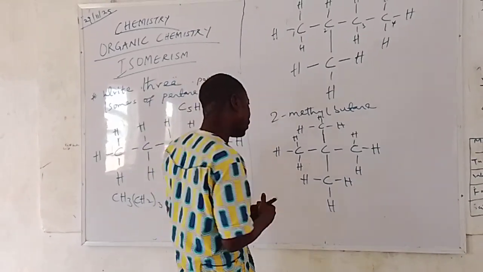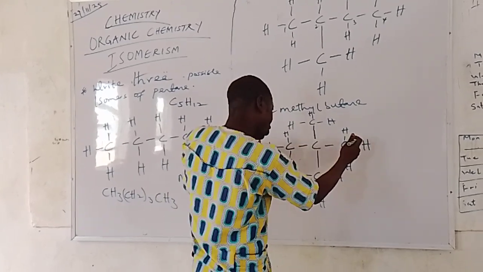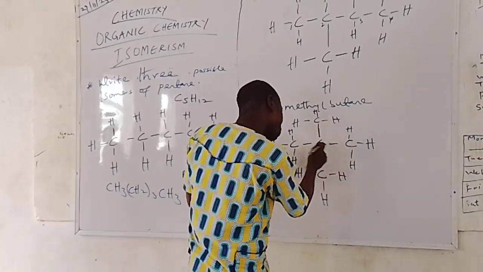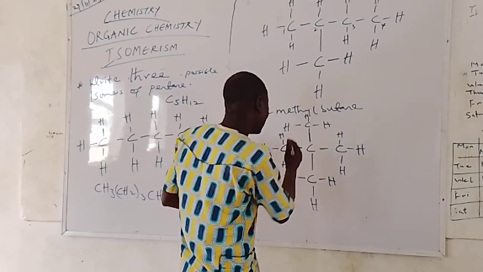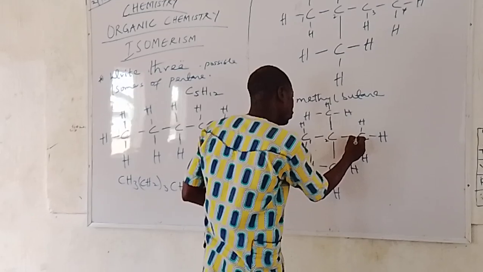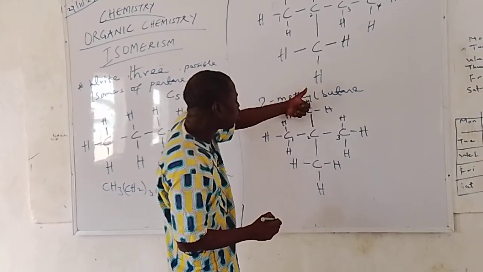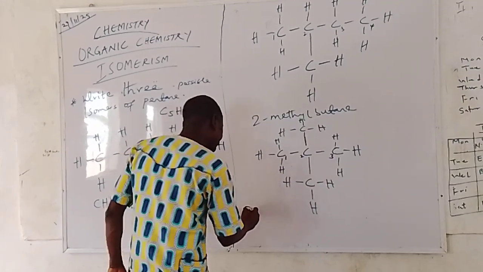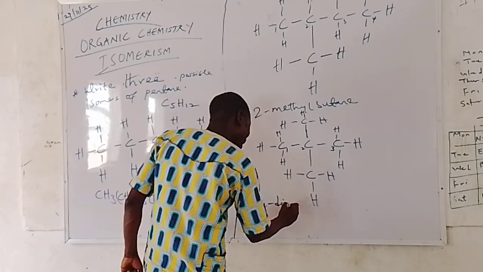Now let's rename. Because this is an odd number of carbon on the straight chain, if I start from here, I'm correct: 1, 2, 3. I will still have the same format. So carbon 1, carbon 2, carbon 3. Carbon 2 is carrying a methyl both at the top and at the bottom. So I can call the compound 2,2-dimethyl.